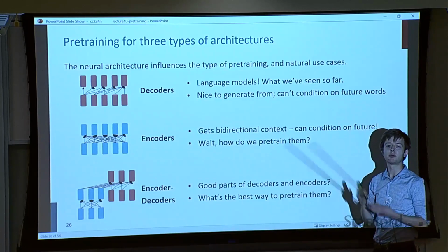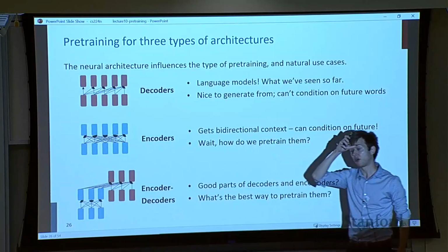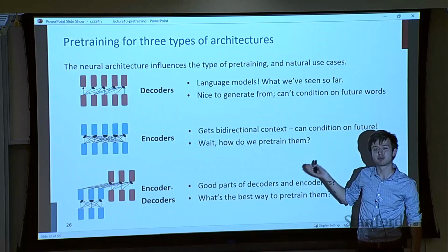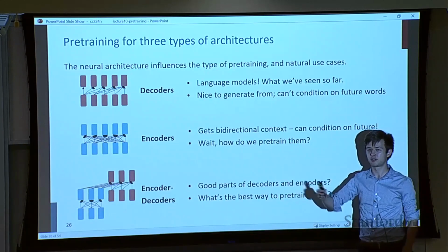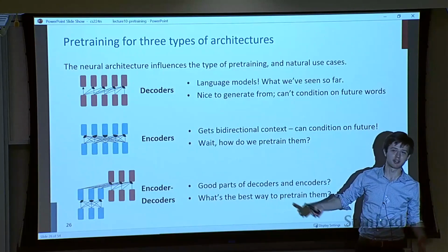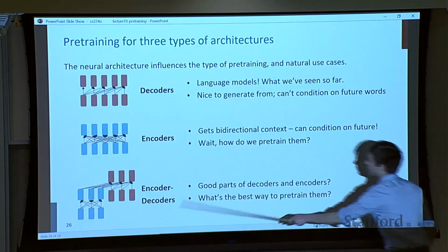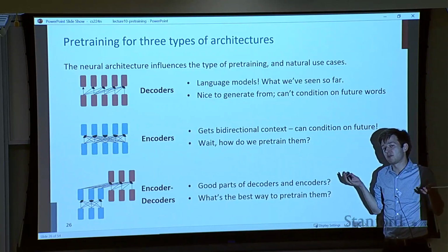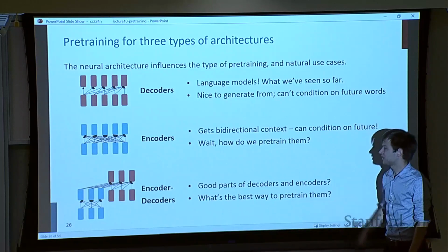Maybe that helps you build up better representations of language. But the question that we'll go through here is, how do you pre-train them? You can't pre-train them as language models because you have access to the future. If you try to do that, the loss will just immediately be 0 because you can just see what the future is. That's not useful. And then we'll talk about pre-trained encoder-decoders, which may be the best of both worlds, but also it's unclear what's the best way to pre-train them.